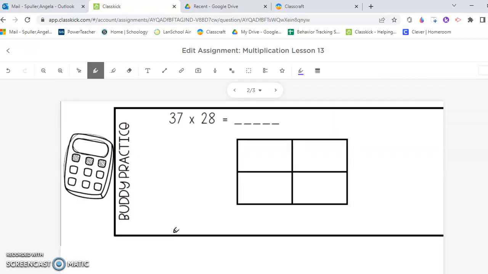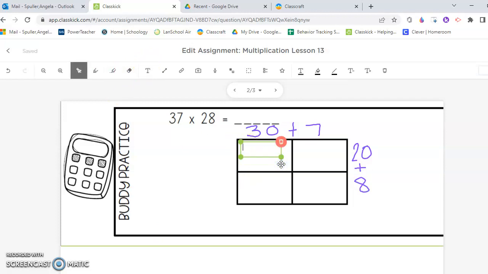All right, let's try this again with a new problem. So we're taking 37, we're going to say 30 plus 7, and 28 as 20 plus 8. Let's get all of our answers together so we're ready to add. We've got 30 times 20 equals, well, 3 times 2 is 6, add 2 zeros.